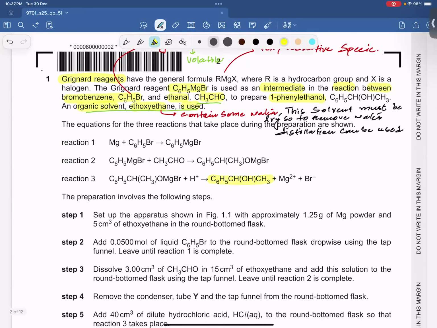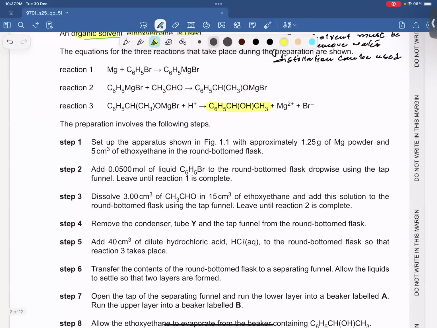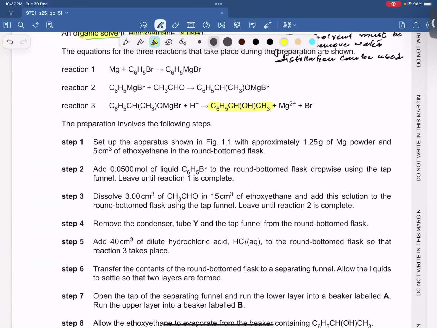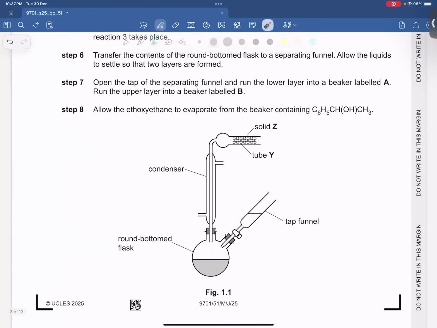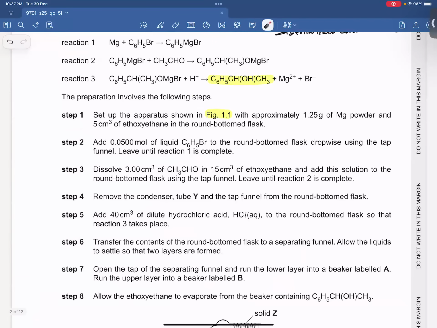The preparation involves the following steps. Set up the apparatus as shown in figure 1.1, and that's your figure 1.1. We need to set up the experiment like this, with approximately 1.25 grams of magnesium powder.